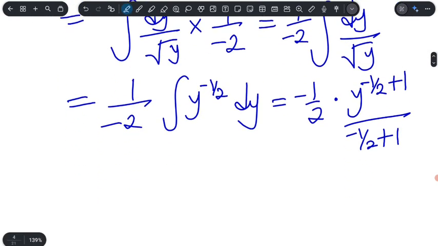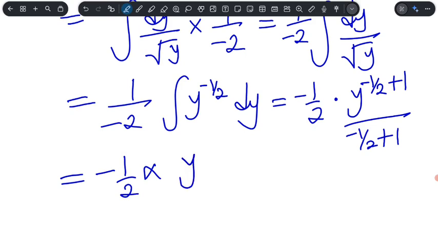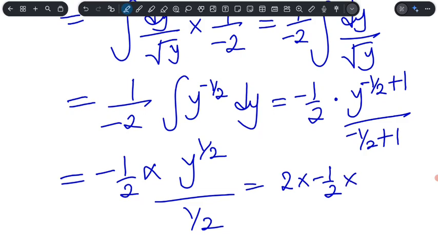So in view of this, we have minus half multiplied by y raised to the power half divided by half. By the time it divides by half, it turns to its reciprocal, which is 2, multiplied by minus 1 over 2 multiplied by y raised to the power half.